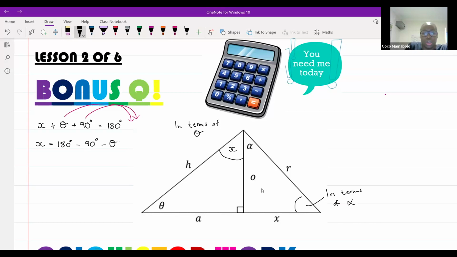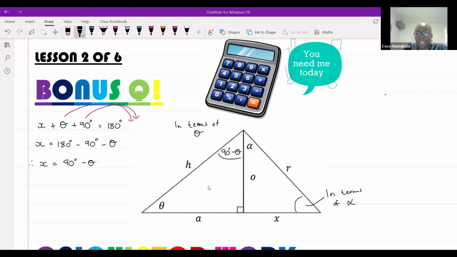That tells me, therefore, that x is equal to 180 minus 90, that is 90 degrees, minus theta. And there we go. I can write this angle in terms of theta. This angle over here is going to be 90 minus theta.